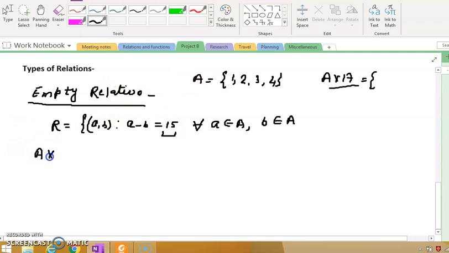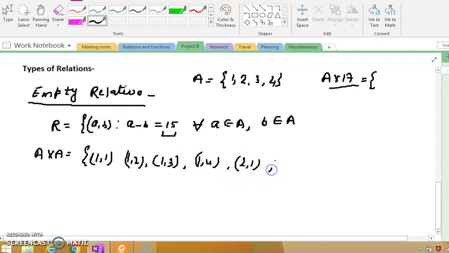Suppose we find A cross A, so you would have elements like (1,1), (1,2), (1,3), (1,4), and (2,1), (2,2), (2,3), and so on.